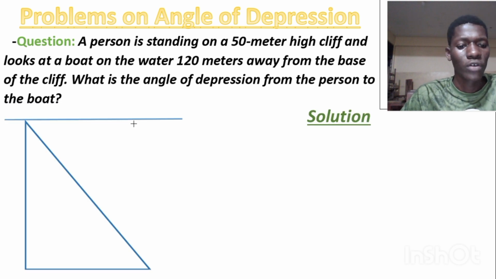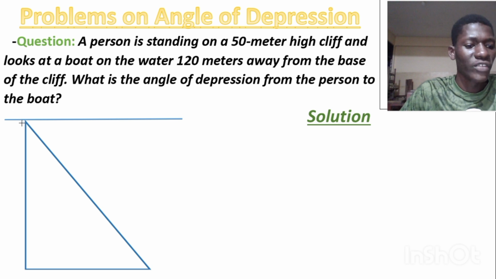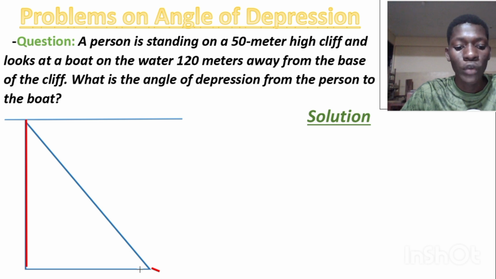So we are going to solve this. This is the cliff that is 50 meters, and this here is the boat. So here is the location of the boat. This person was standing here and was watching this boat.